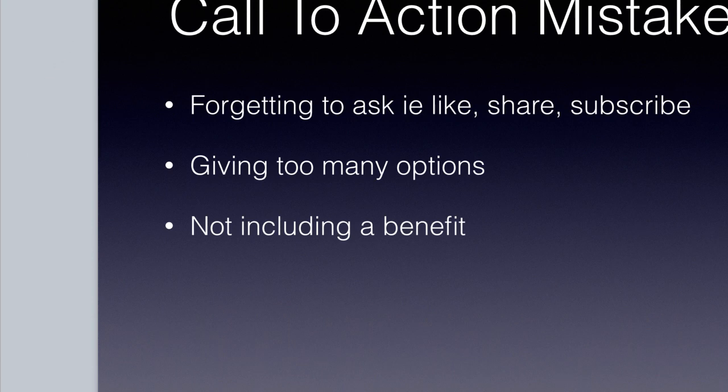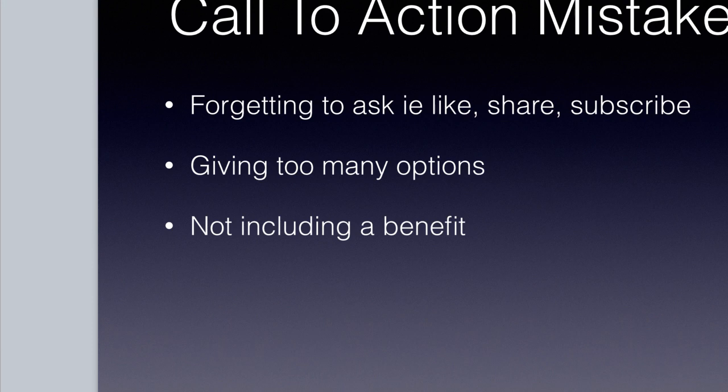Before I get to the mistakes, let me talk about mistakes. When it comes to call to action mistakes, probably there are some other ones, but just three that I could think of.